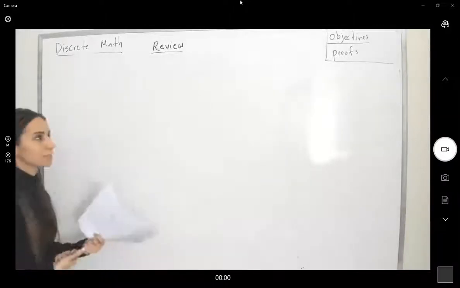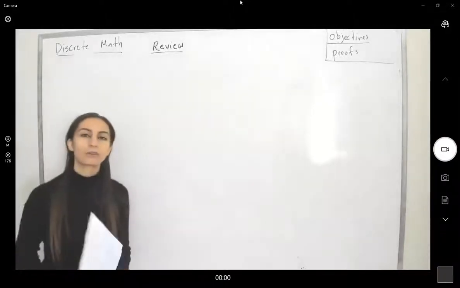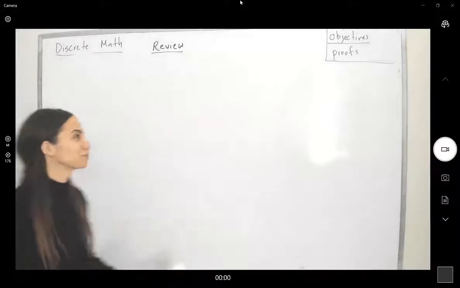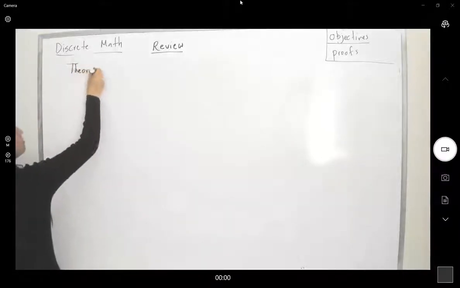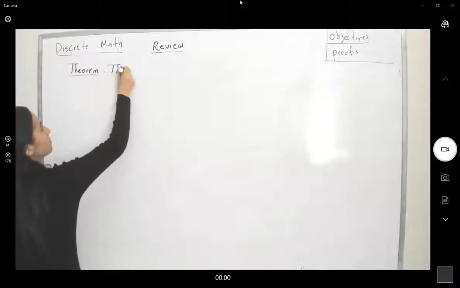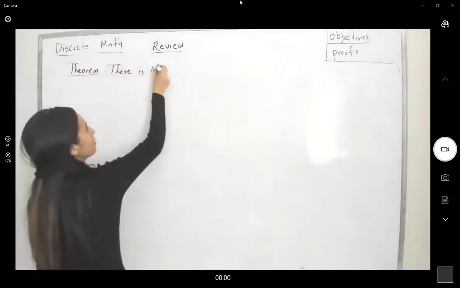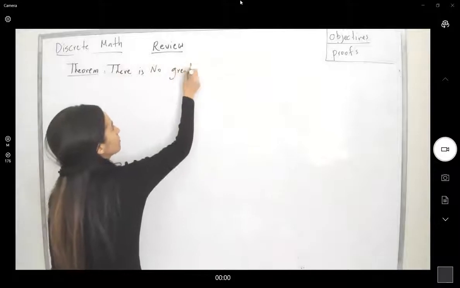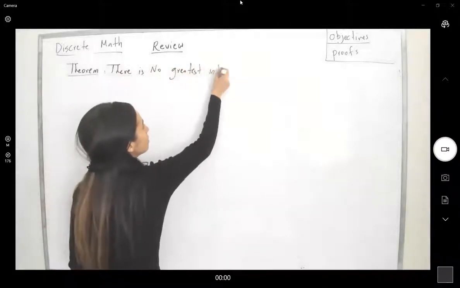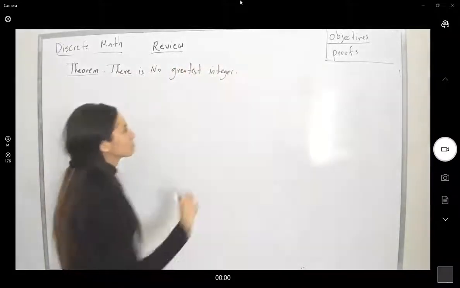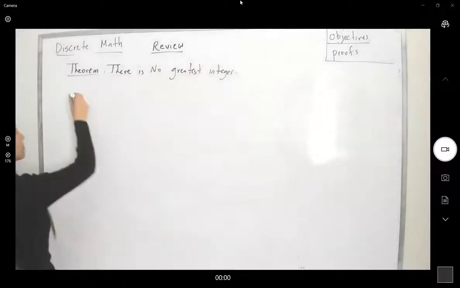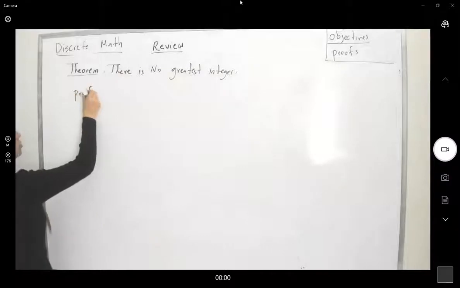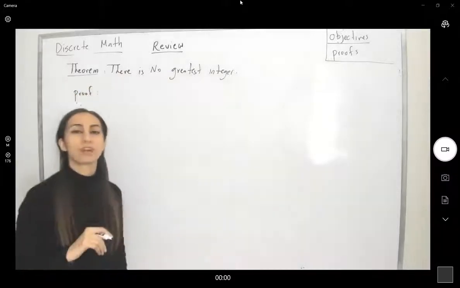Perfect. So next theorem. This theorem says there is no greatest integer. Okay, the proof is very simple. Proof: suppose not.